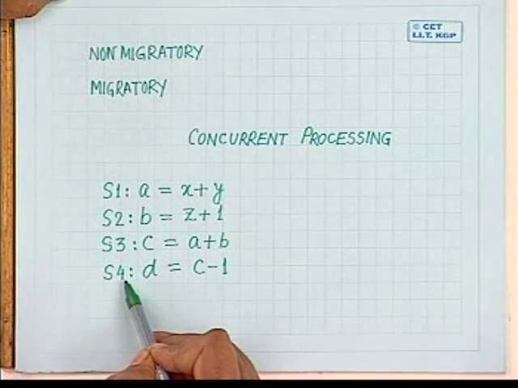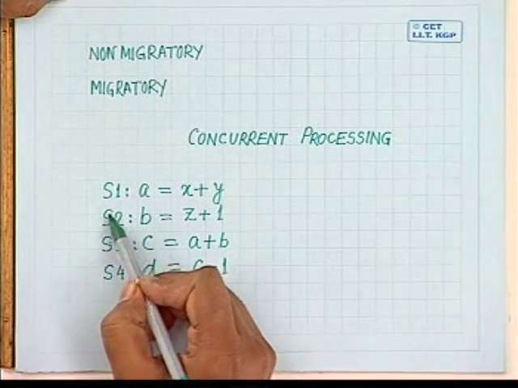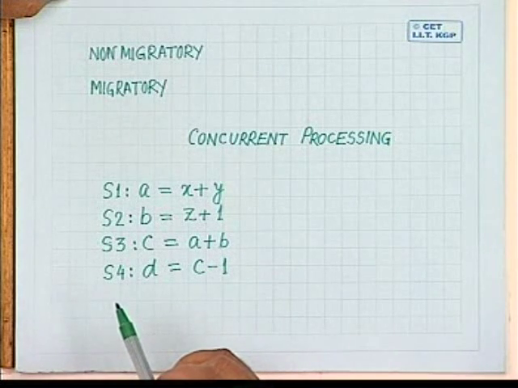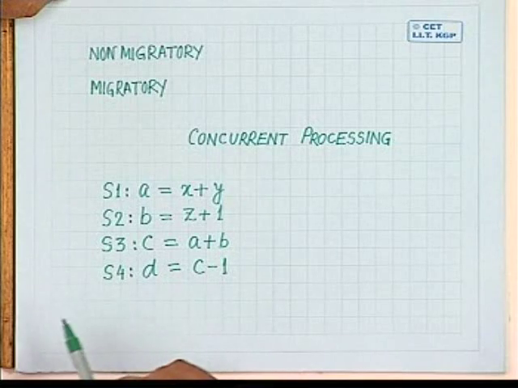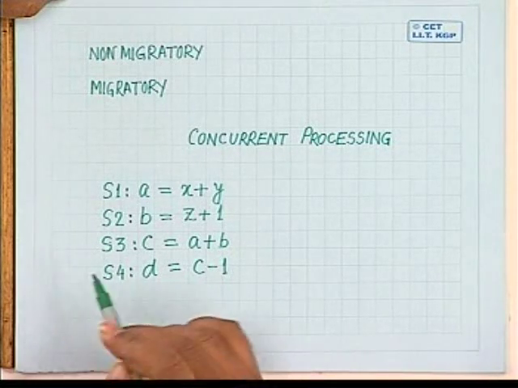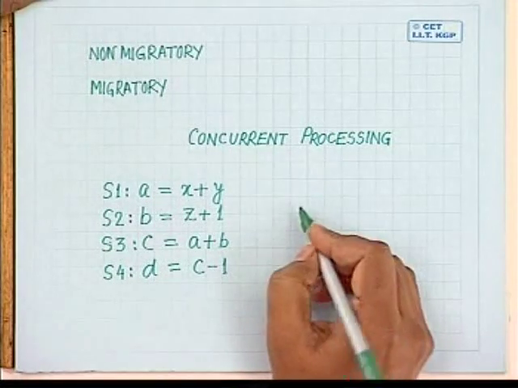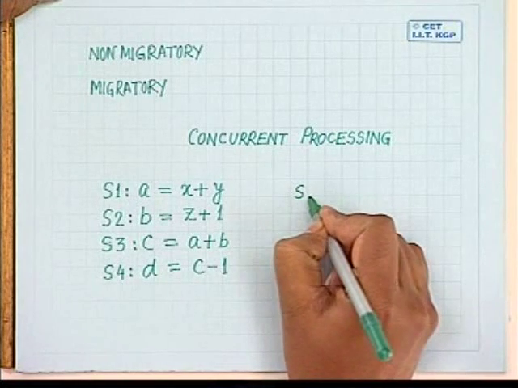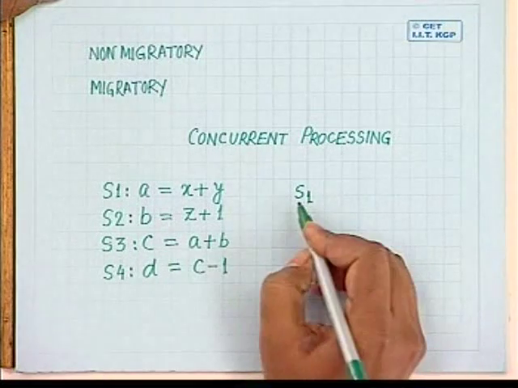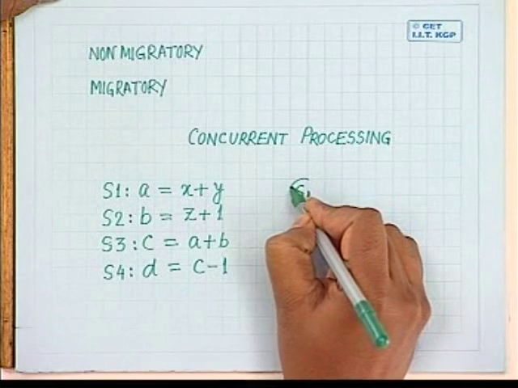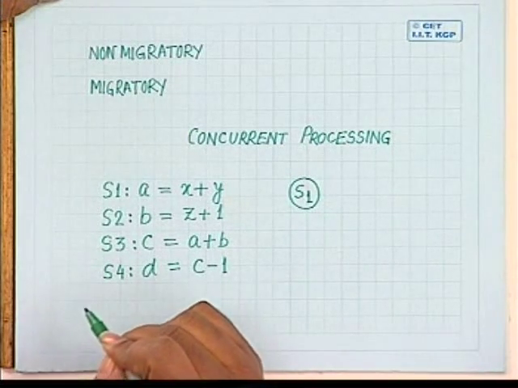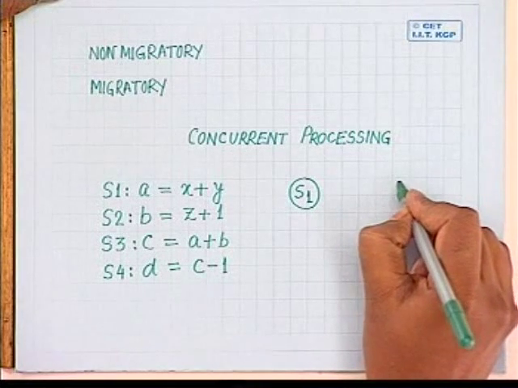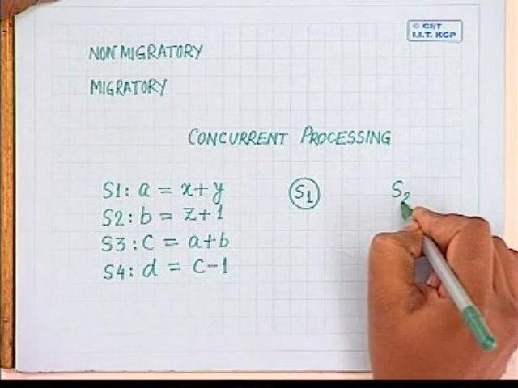Similarly, S4 cannot be computed concurrently with any of them. So that tells me an order in which these statements are to be computed. I can compute S1 anytime. So I represent this graphically where S1 is a node. I can compute S2 concurrently with S1.